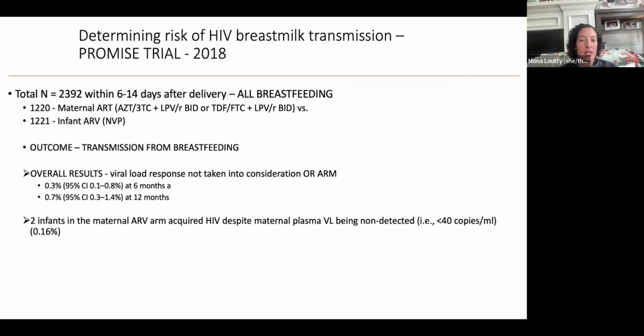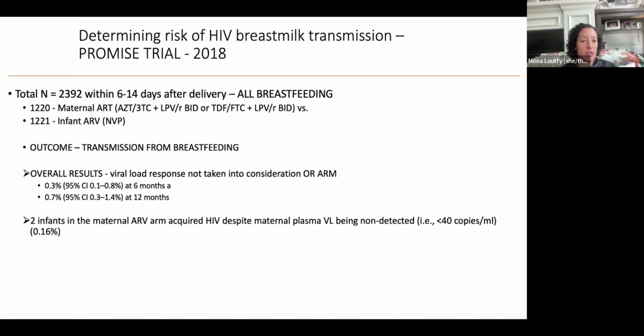It was so interesting. It was done in Africa, where they enrolled 2,392 mother-infant pairs after delivery. So the randomization happened in the postpartum period. They all breastfed, and half of them received maternal antiretroviral therapy, and the other half, the infant, received just infant nevirapine.